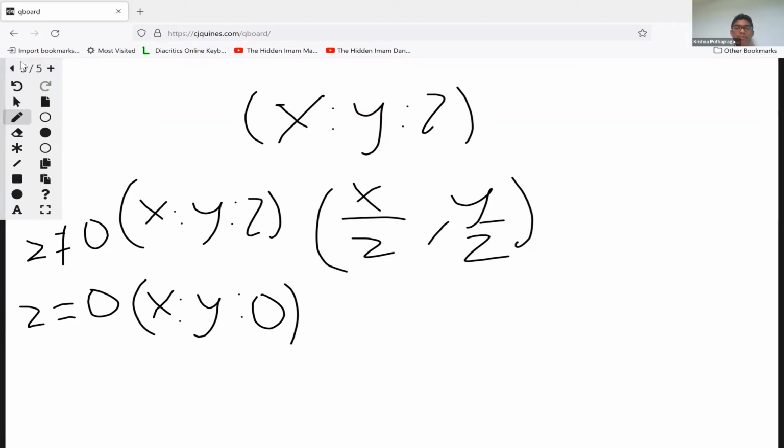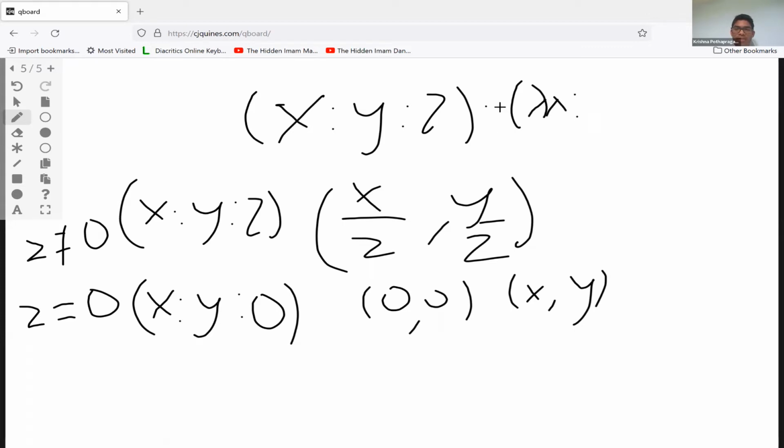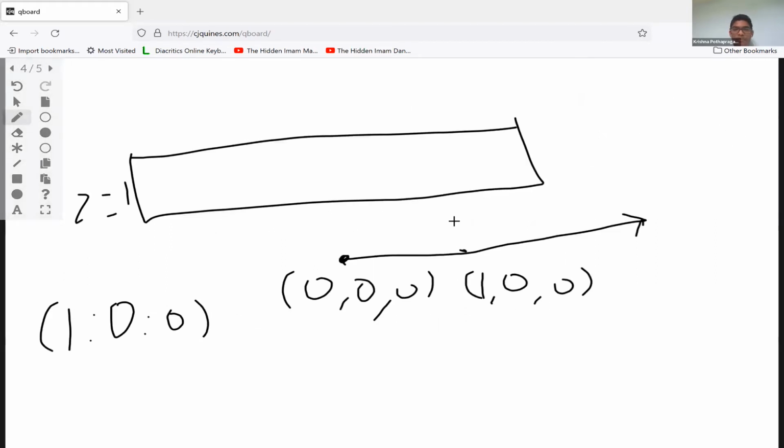So we are going to say this is the point at infinity of the line between 0, 0 and x, y. So we're basically adding points at infinity to the Cartesian coordinates. And we're making these homogeneous coordinates, so x, y, z represents the same point as when we multiply all of them by lambda.